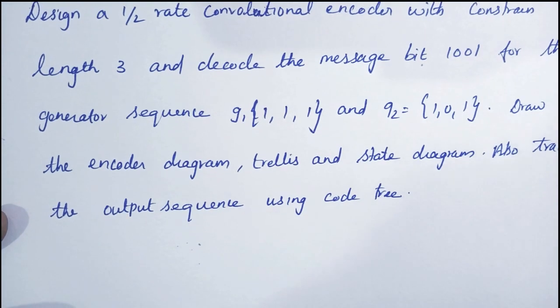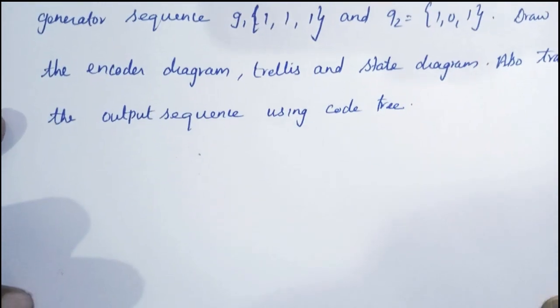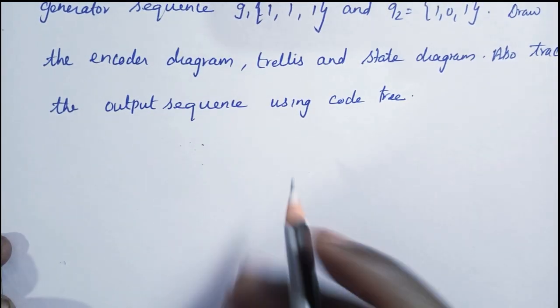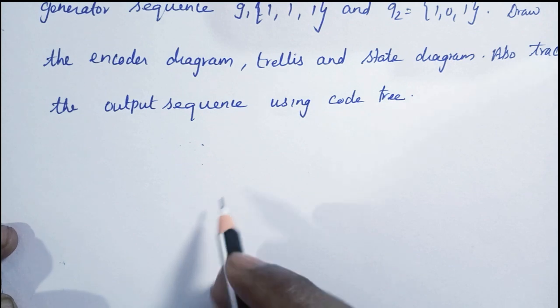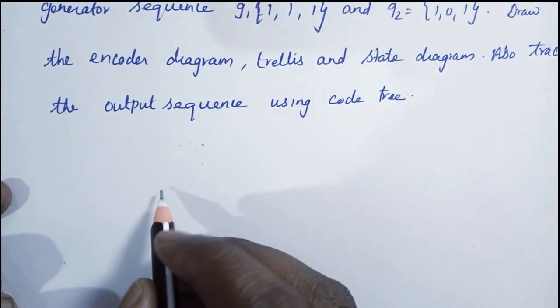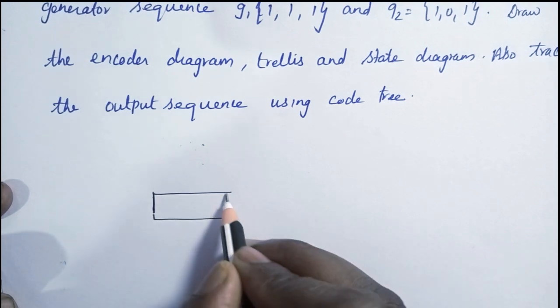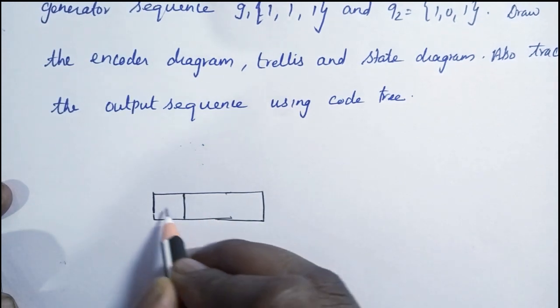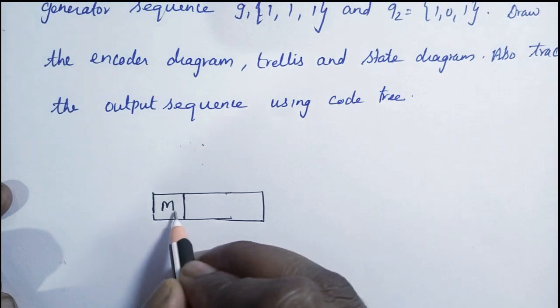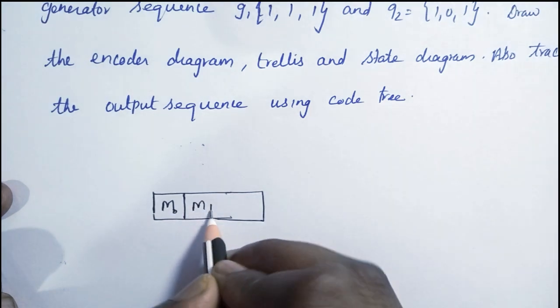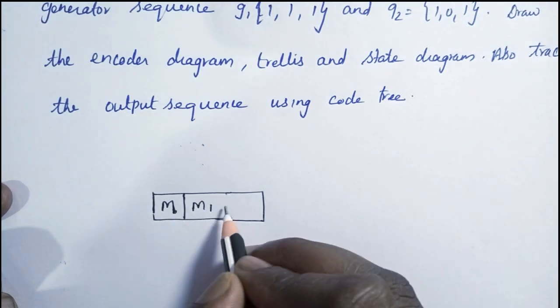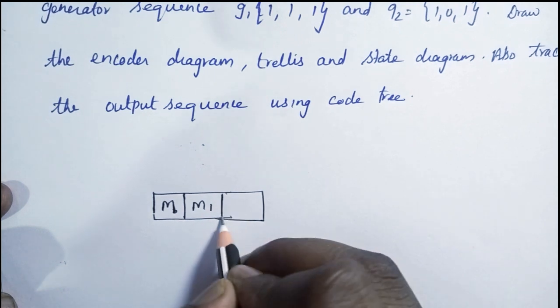As I told you, the encoder diagram consists of shift registers and a logical circuit. Since the constraint length is 3, we are going to have 3 memory states, defined as m, m1 and m2.